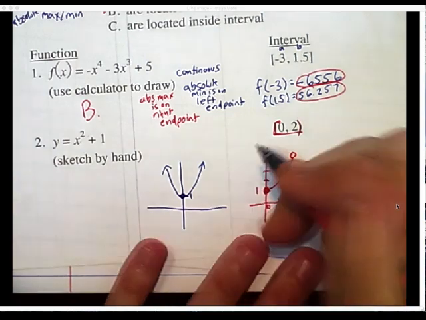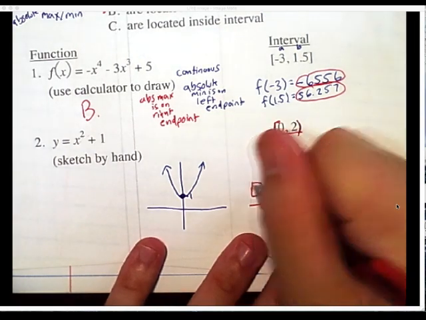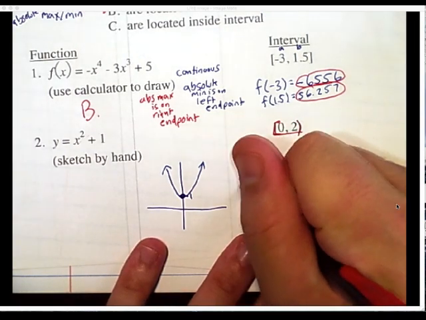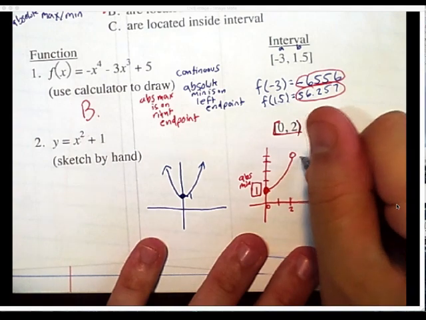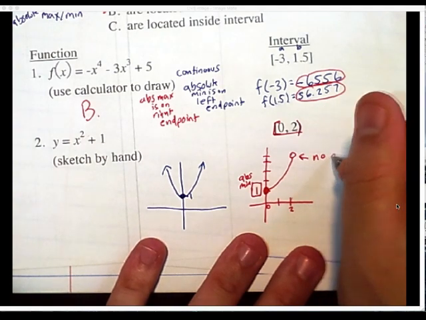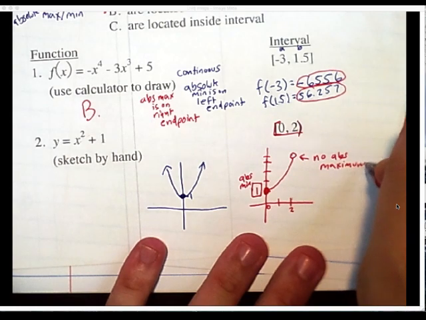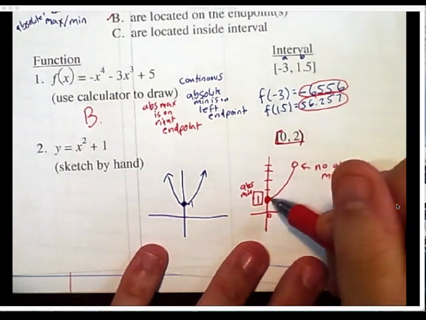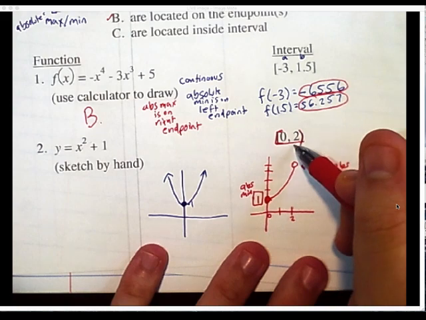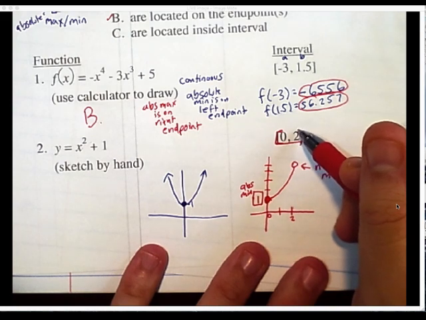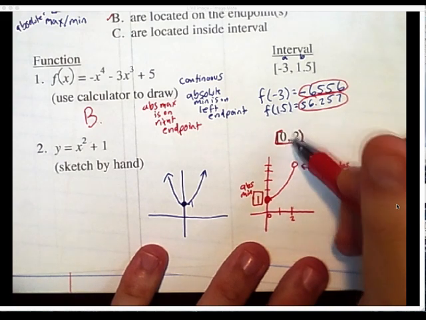So in this case, 1 is the absolute minimum, but because we have an open circle here, there's no absolute maximum. It's not continuous over a closed interval, because of this thing right here.